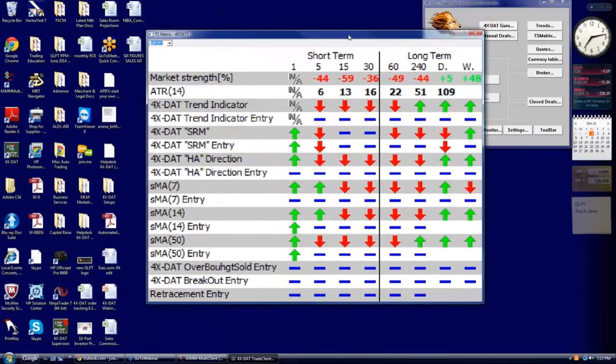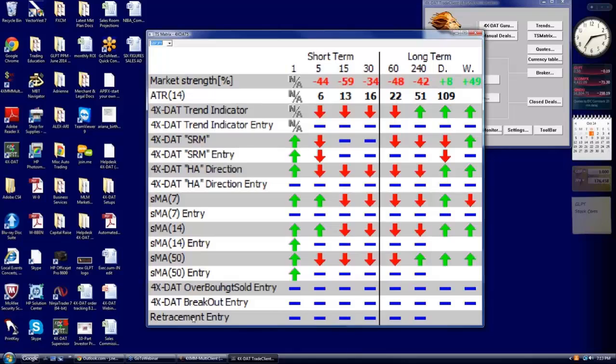Basically what we're looking at, on the left-hand side over here, is a list of some of our strategies, and across are the values for those strategies, again in the respective time frames, going from 1, 5, 15, 30, 60, 240, daily and weekly.